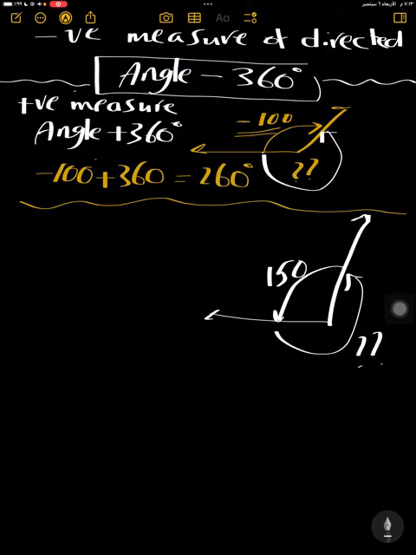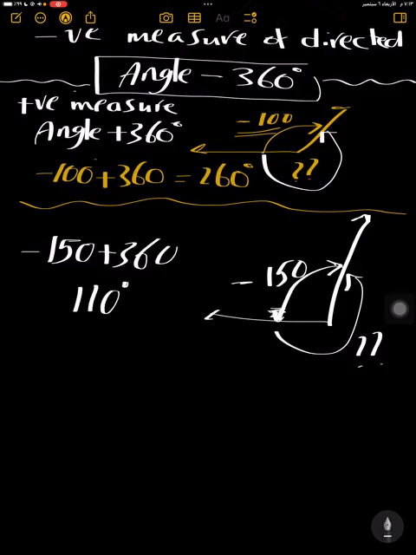We want to find the positive measure of this directed angle. The negative measure is negative 150. To find the positive measure, we make negative 150 plus 360. It will be 210 degrees.